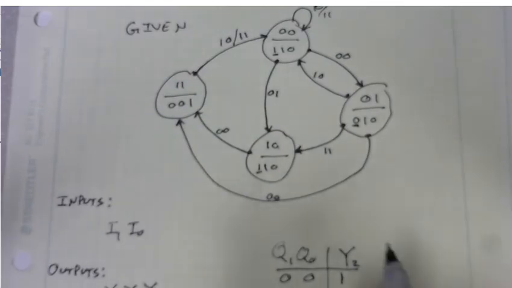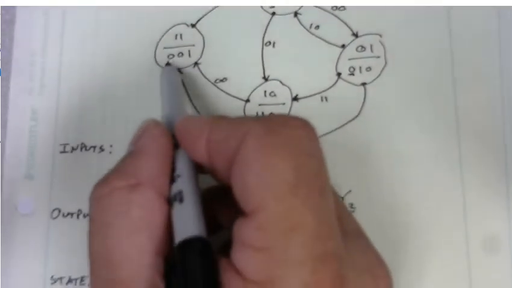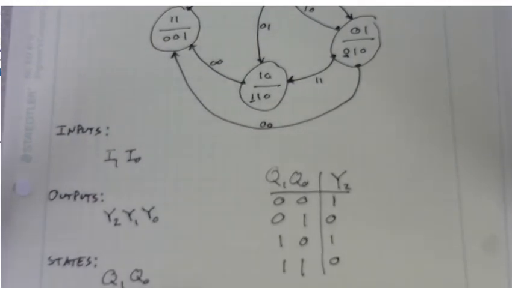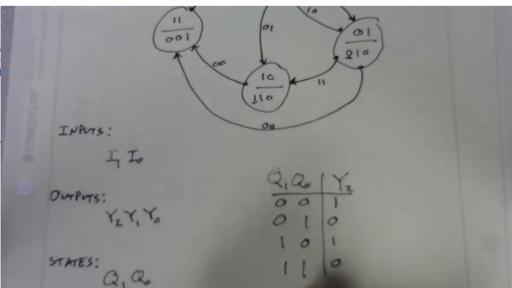And for 1, 1, we get a 0, so we put a 0. That's just a simple truth table that we can solve the circuit for. And it looks like in this instance Y2 is just going to be equal to Q0 bar.